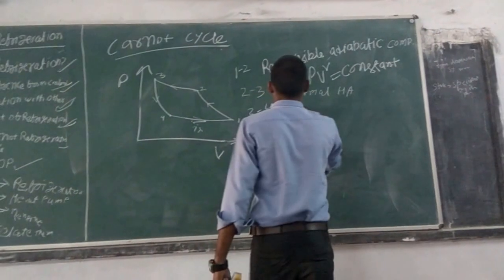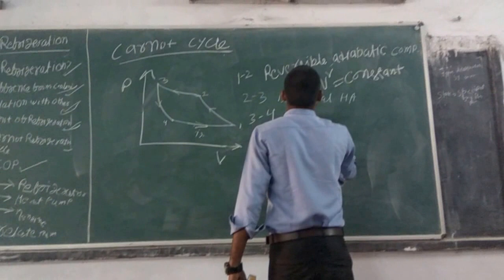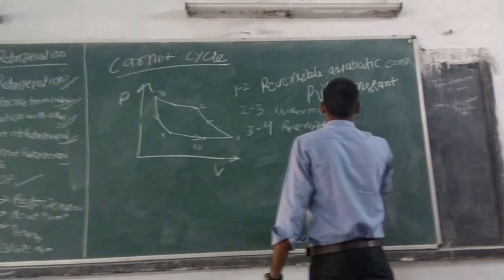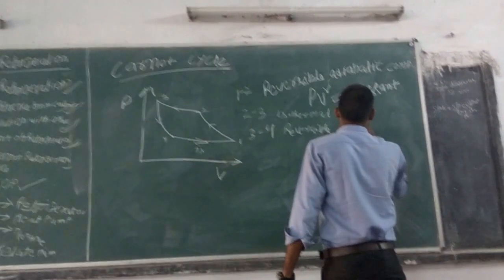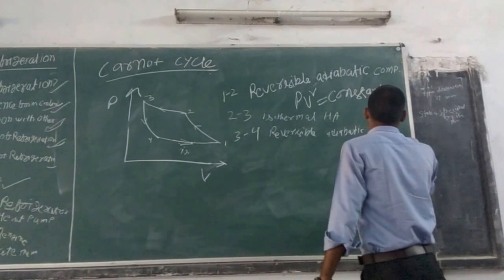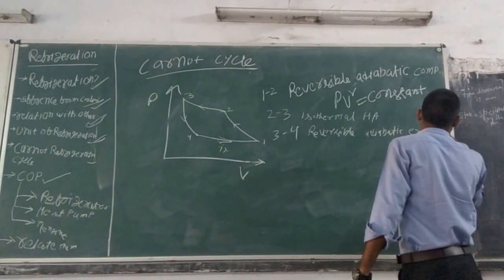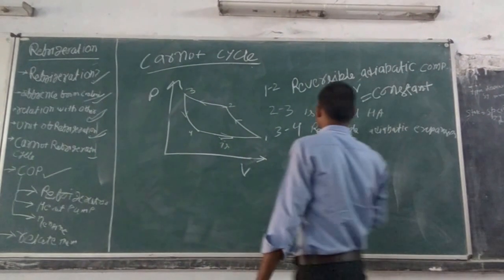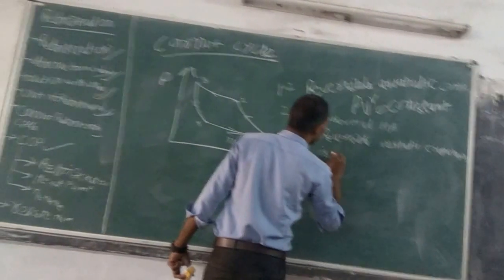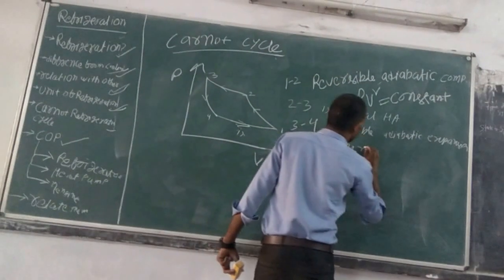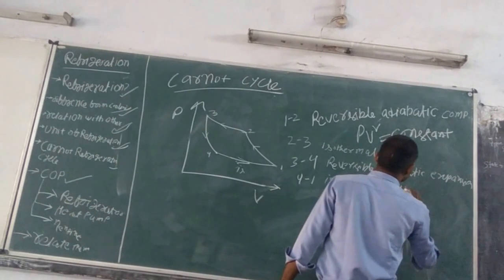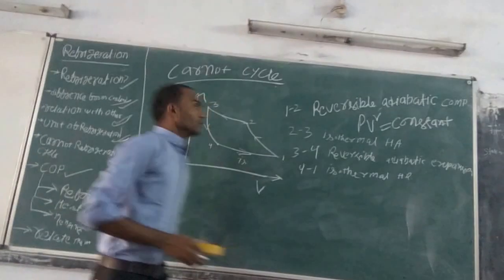From 3 to 4 it is reversible adiabatic expansion. And from 4 to 1 it is isothermal heat rejection.